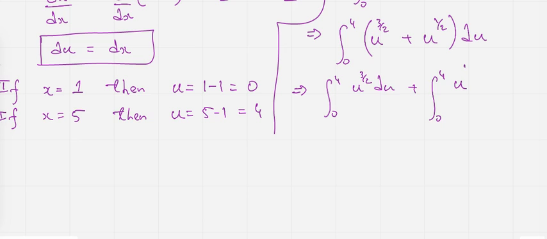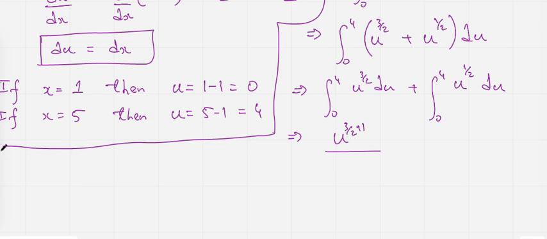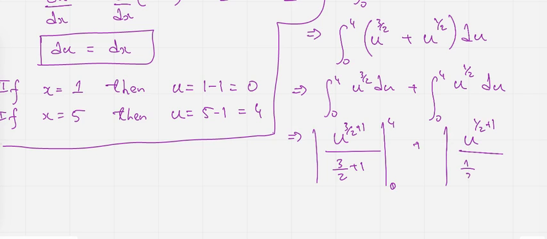And then you apply the formula for the integral of x to the n, and you will get your answer. So it's going to be u power 3 by 2 plus 1 upon 3 by 2, going from 0 to 4, plus u power half plus 1 upon half plus 1, going from 0 to 4.